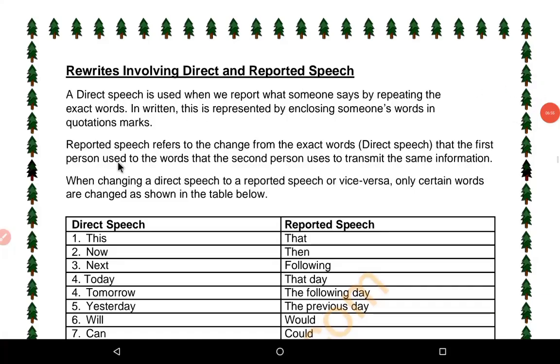Okay, here we are. So we've established direct speech. Now, a reported speech refers to the change of the context from the exact words. Now you are not using the exact words, but you are changing them. And here when you change a word from direct to reported, it has to go into past tense.